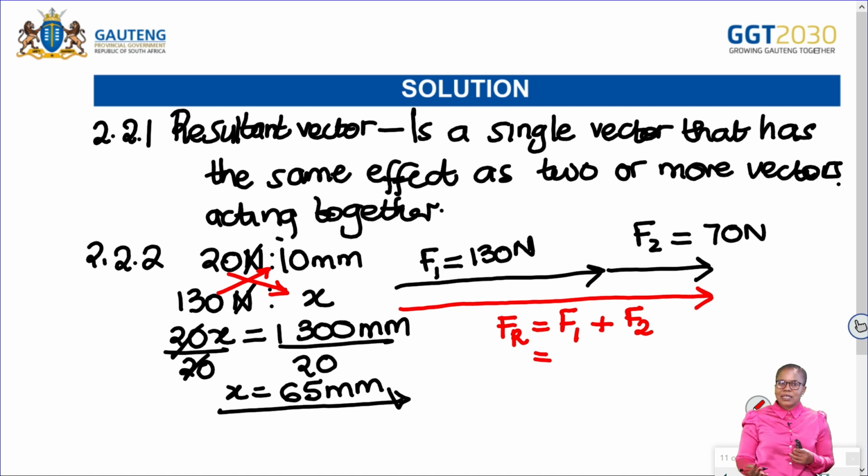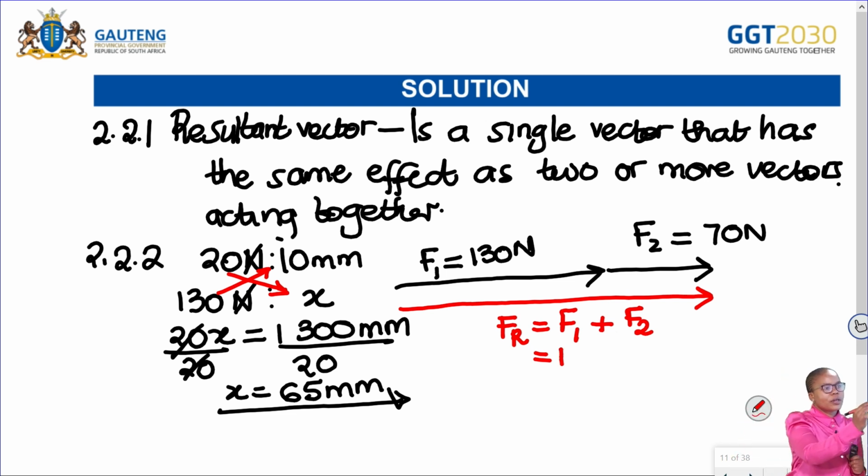In other cases, where you have one worker pulling to the east and the other pulling to the west, we'll have one positive and the other one being negative. The magnitude of those forces will also count, because the one with the bigger magnitude you give a positive sign, and the one with a smaller magnitude gets a negative sign. In this case, they're both going in the same direction, so they both get the same sign.